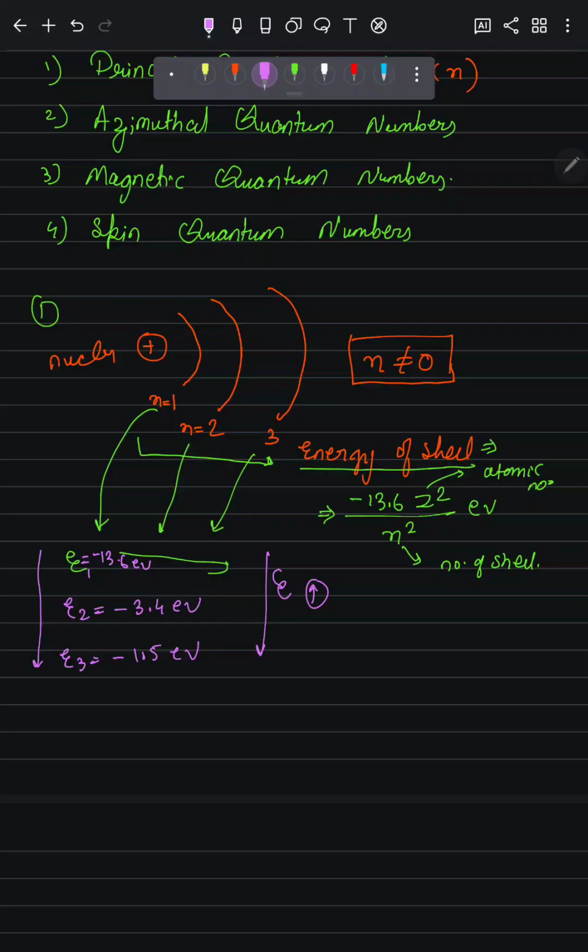As we can see from this formula, if you put in the values of n, we will get these energies, and these have the lowest energy. As we go far from the nucleus, the energy of the shell increases and stability decreases. The higher the energy, the lower the stability.